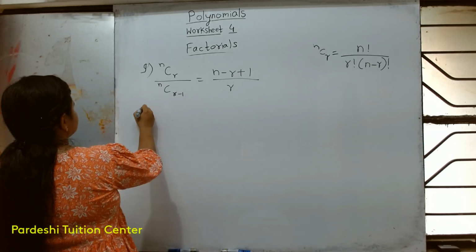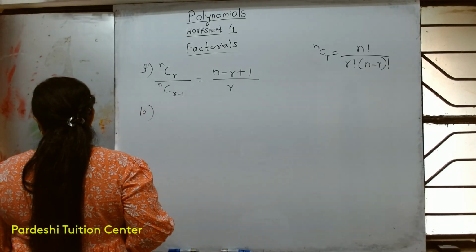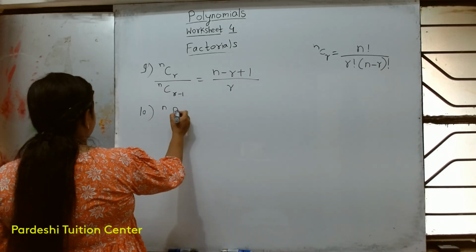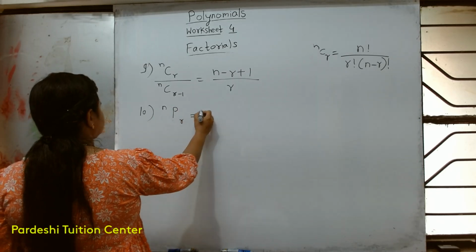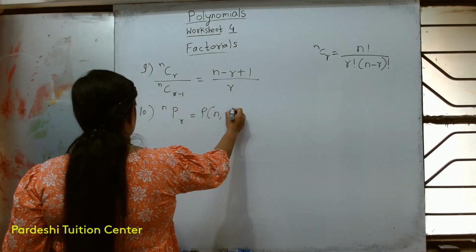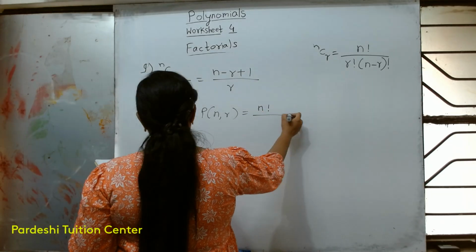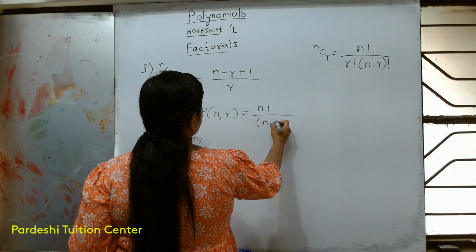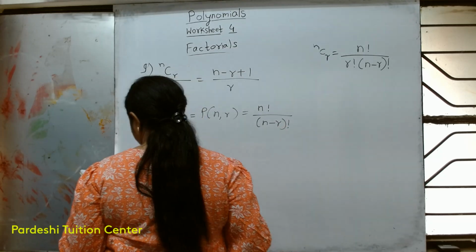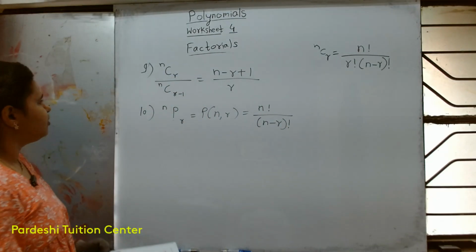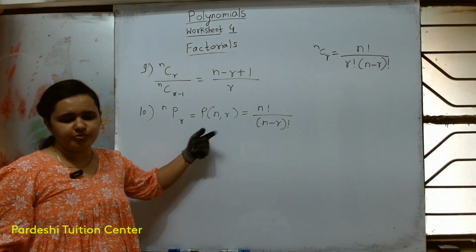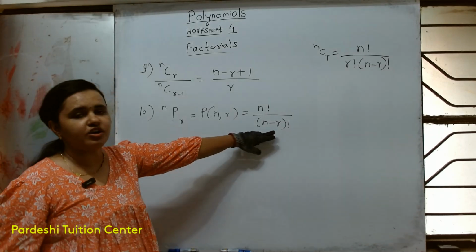Now the 10th one. Here is the formula for permutation. nPr equals P of n, r equals n factorial upon (n minus r) factorial. It is the basic formula for permutation.